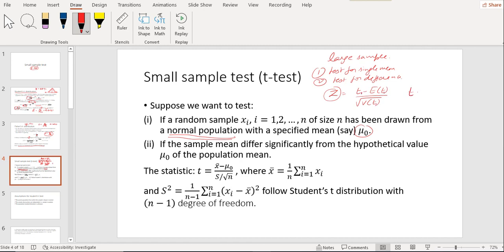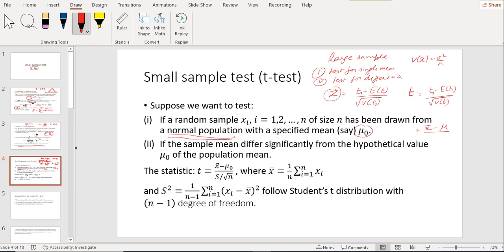Our t statistic is the estimator minus the expected value of the estimator divided by the square root of the variance of t1. Because t1 is the sample mean x bar, its expected value is mu, and the variance of x bar is sigma square upon n, right? But in the case of the small sample test, the condition is that the population variance is always unknown. This is the necessary condition for the small sample test.